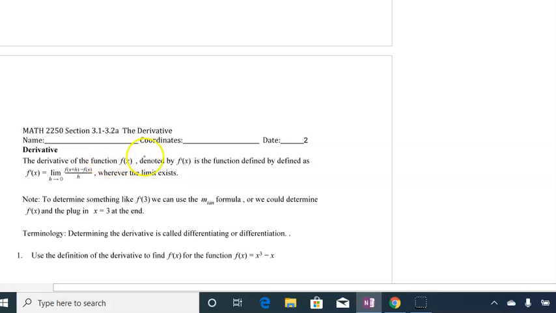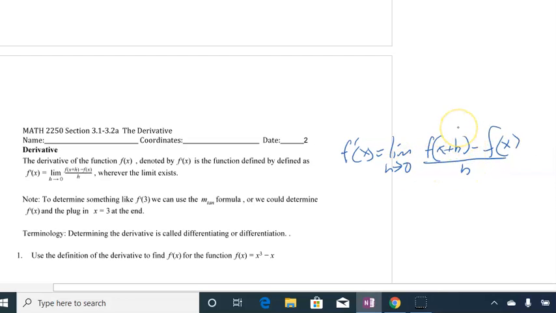Using the function form with f of x, we say f prime of x is equal to the limit as h approaches 0 of f of x plus h minus f of x, all over h, right?